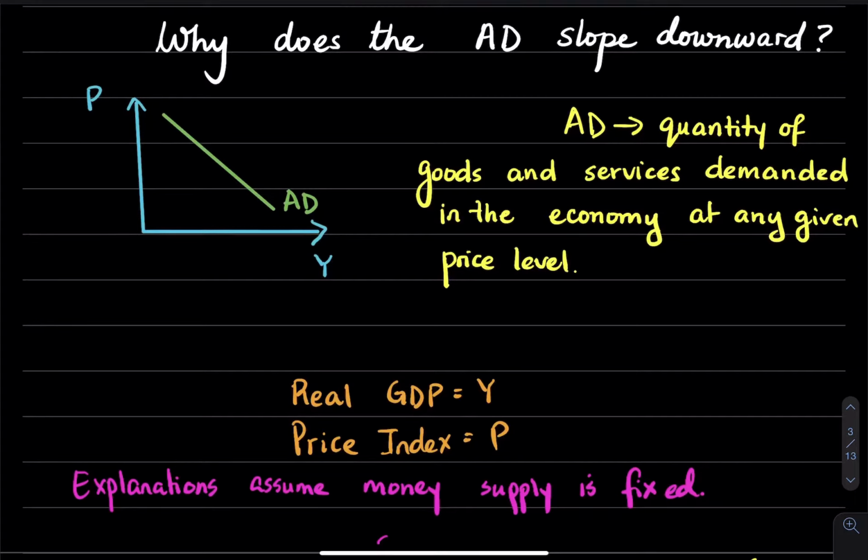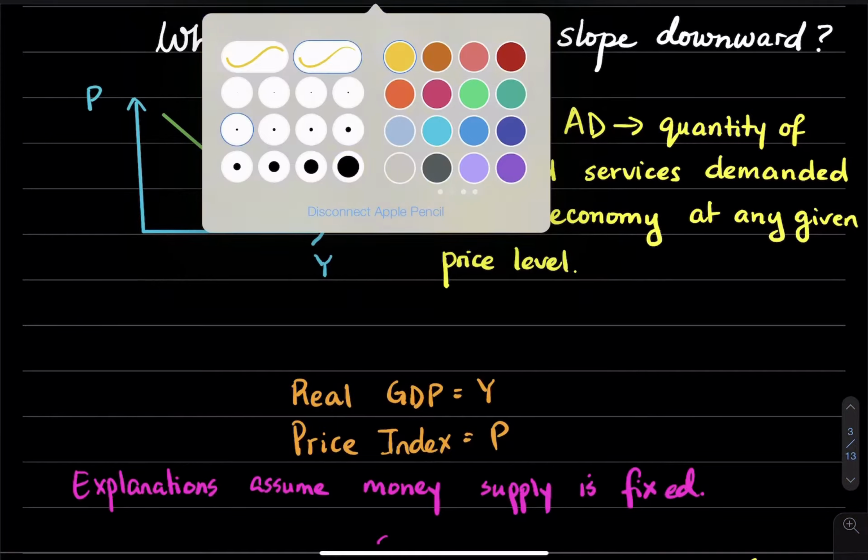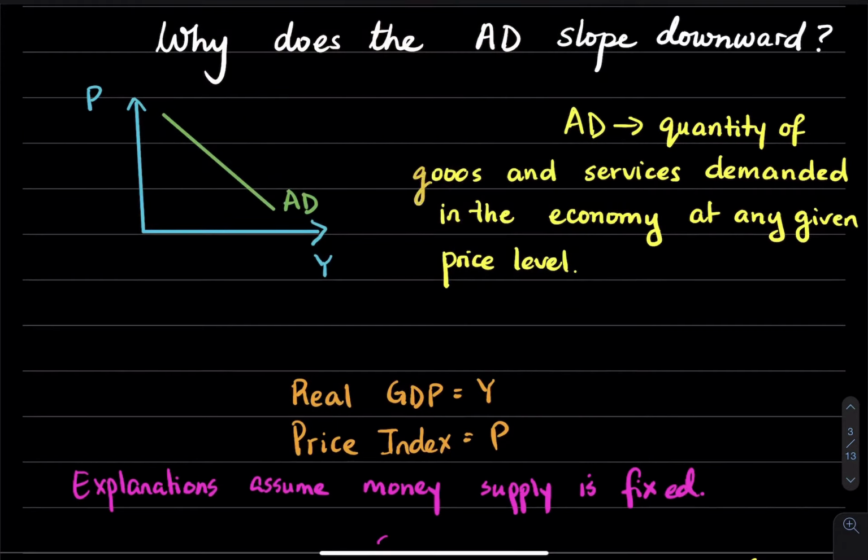Now, in this video, we're going to talk about why the aggregate demand curve slopes downward. Recall that aggregate demand, in a macroeconomic sense, refers to the quantity of goods and services demanded in the economy at any given price level.